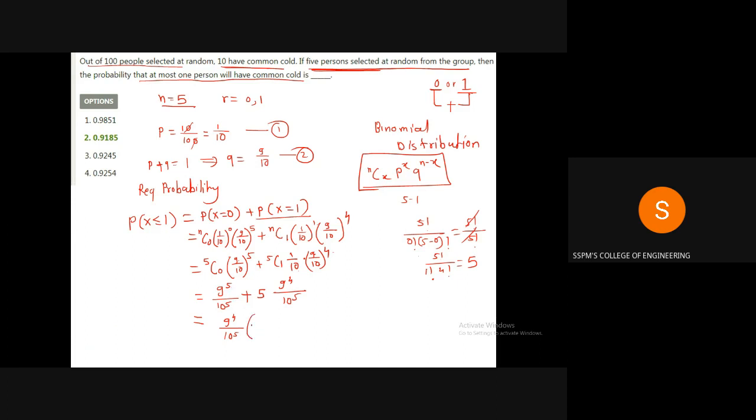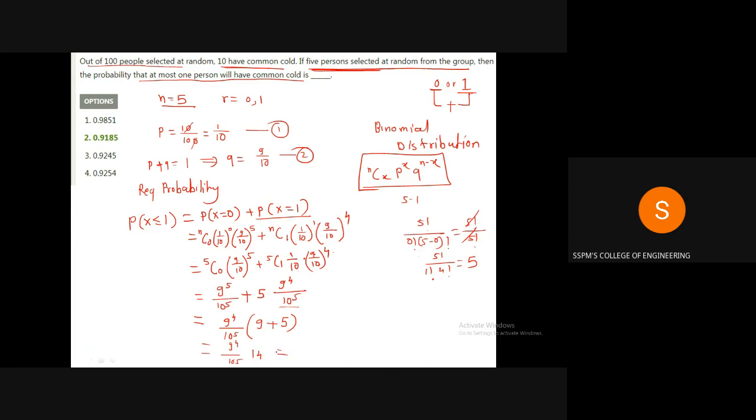If 9 raised to 4 is taken out from 9 raised to 5, we have 9, plus 5 will remain. So 9 raised to 4 divided by 10 raised to 5, and 9 plus 5 is equal to 14.